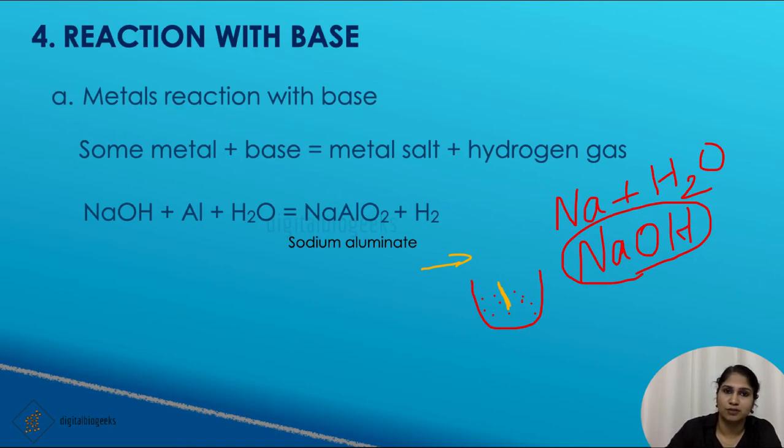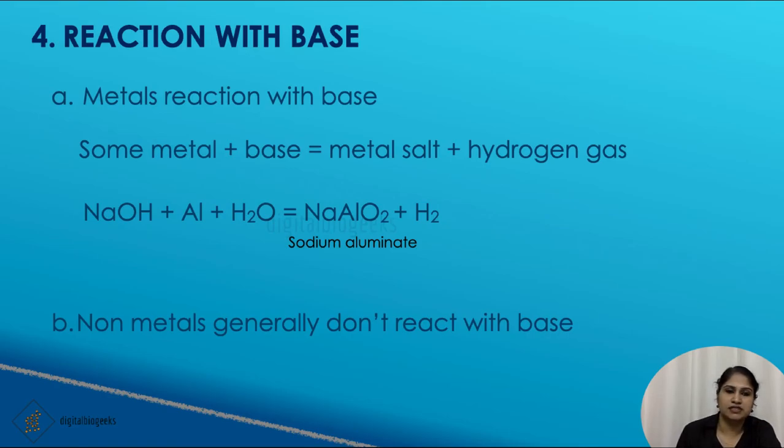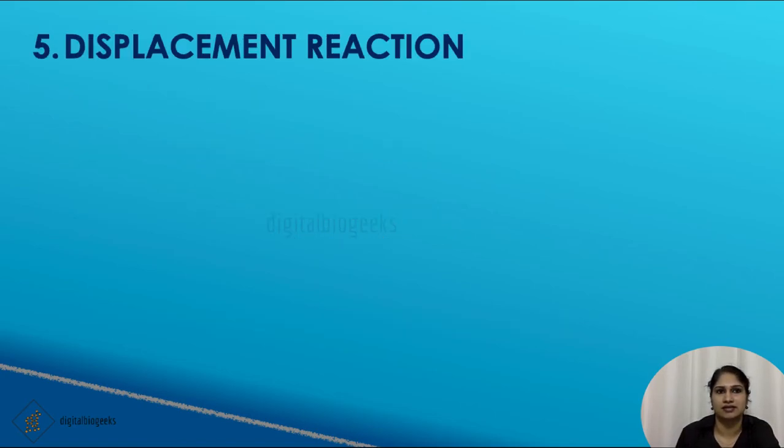That is due to the presence of hydrogen gas. Here sodium hydroxide and aluminium will react with water. Sodium aluminate is formed with hydrogen gas. Hydrogen gas is liberated during this reaction. Non-metals generally don't react with base. Some non-metals will actually react with base, but they won't produce any hydrogen gas.